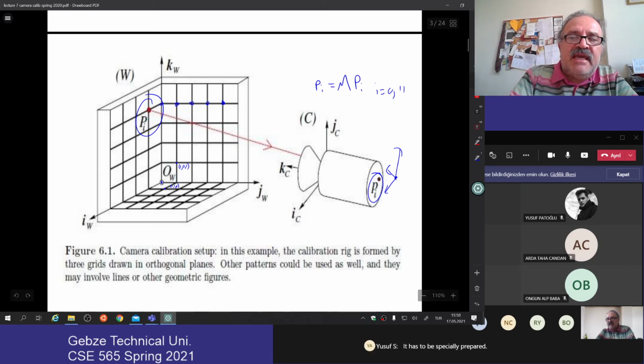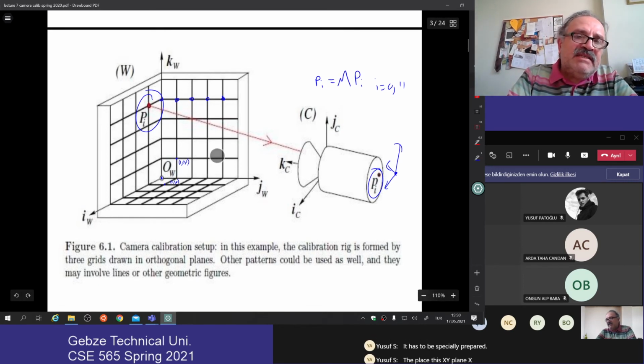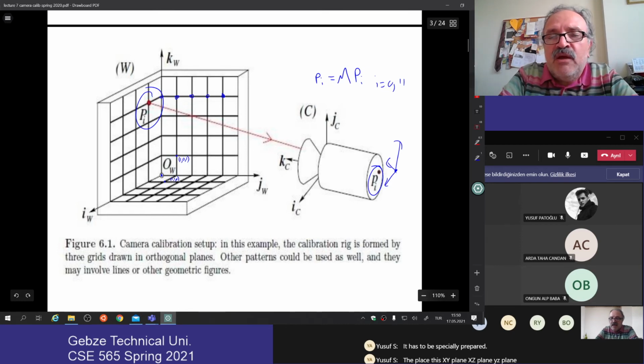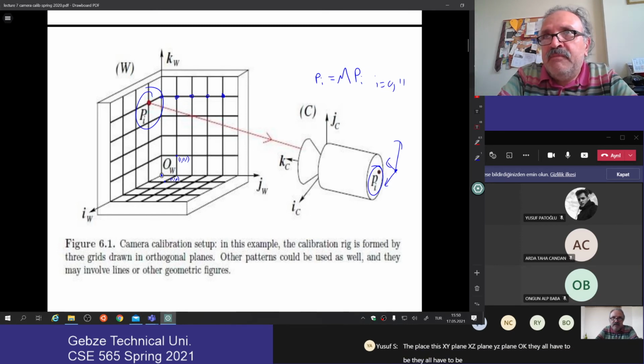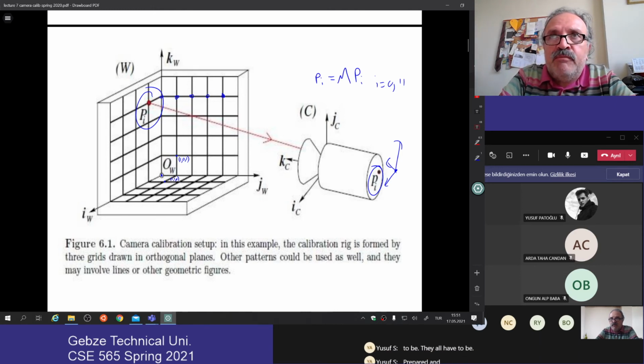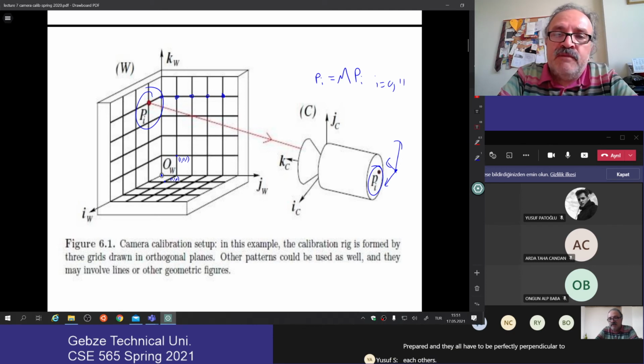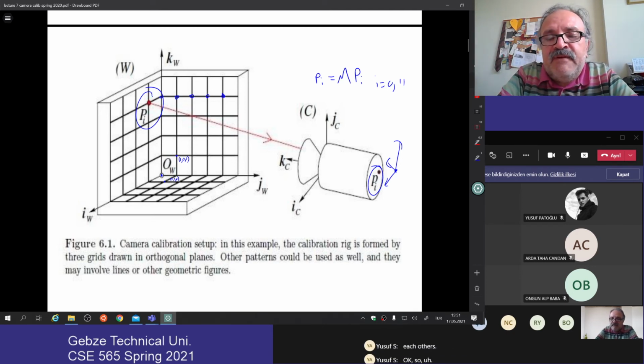The planes, this XY plane, XZ plane, YZ plane, they all have to be prepared, and they all have to be perfectly perpendicular to each other. Those are some very difficult criteria to achieve. So we don't like this kind of method much.